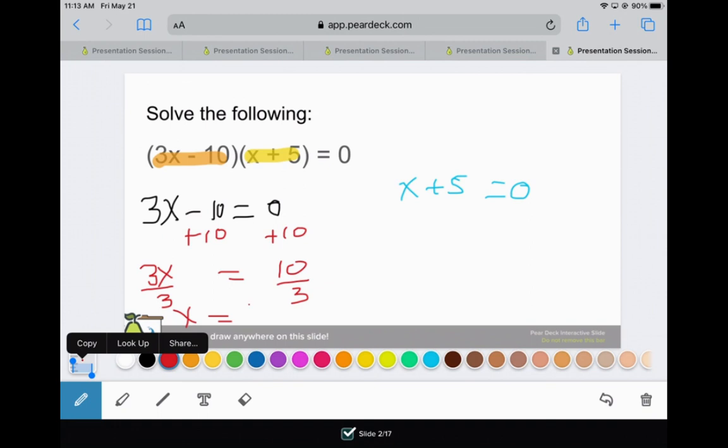You can simplify, or leave it as a fraction, or if you want the decimal, you may. 10 divided by 3 gives you 3.33. You do the same thing for the second expression. You solve it by subtracting 5 on both sides. So x would be negative 5.